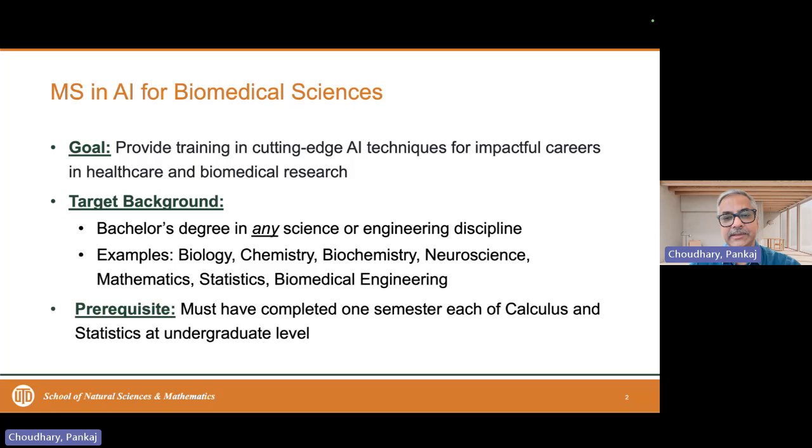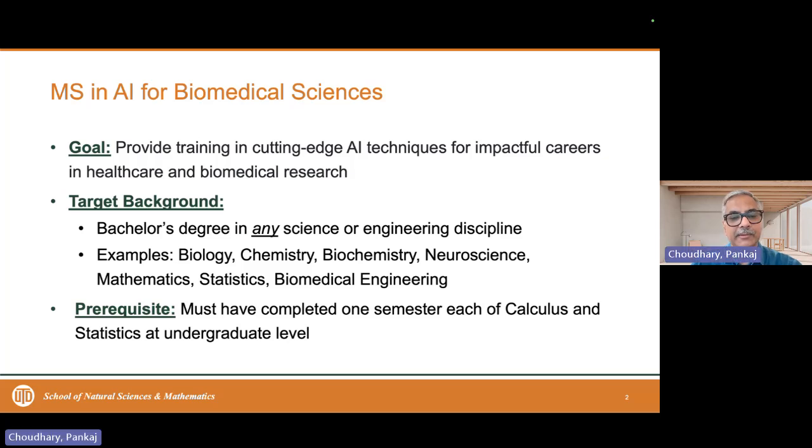So in other words, this is a very cutting edge program, and people with these kinds of techniques are in high demand, especially in the research realm.